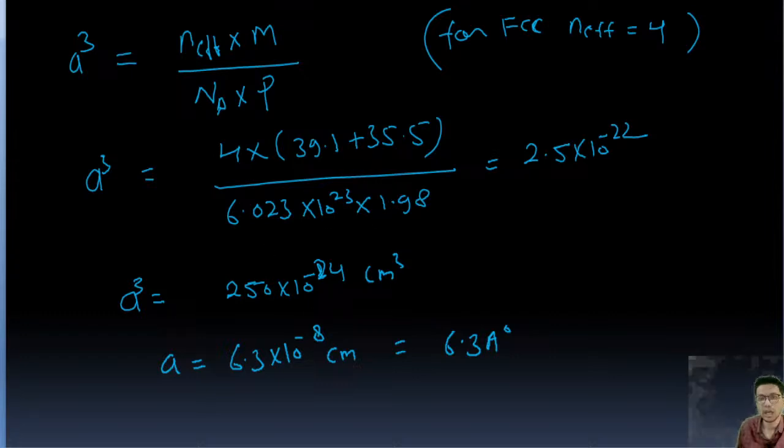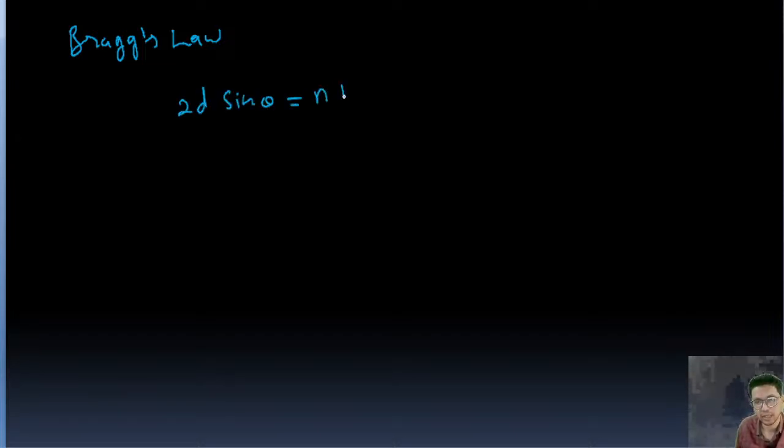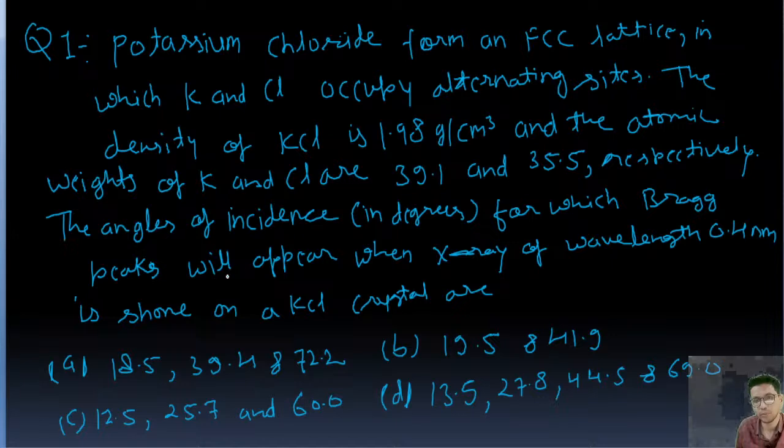Now we know Bragg's law, for X-ray reflection or X-ray diffraction. Both things are the same. Bragg's law is 2d sin theta equal to n lambda, right? Because we have to find the angles of incidence.